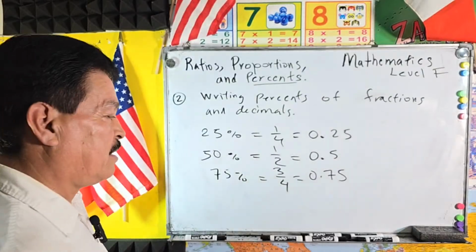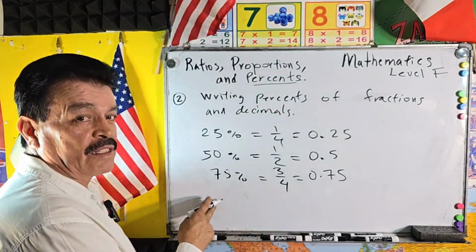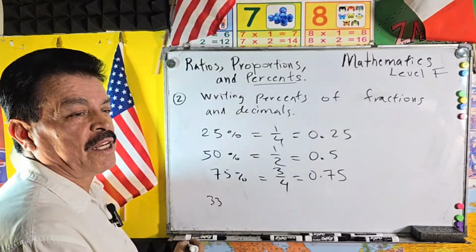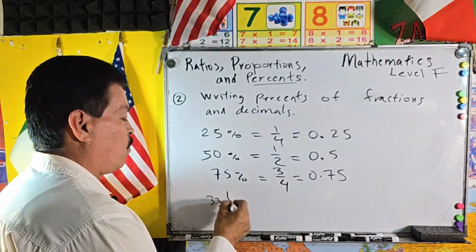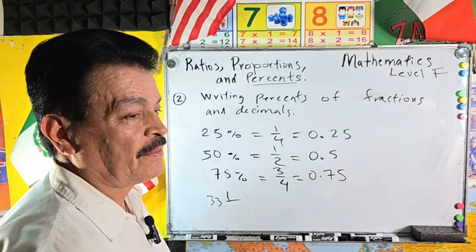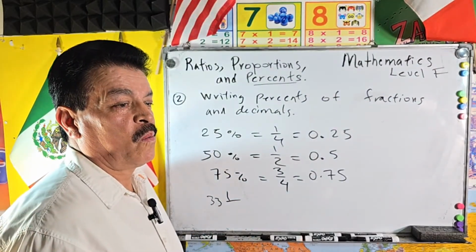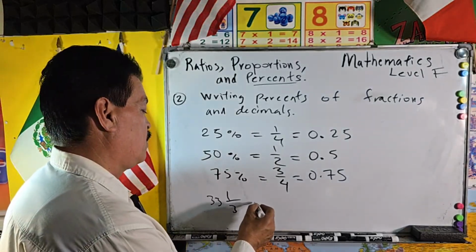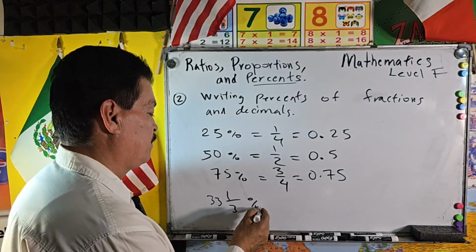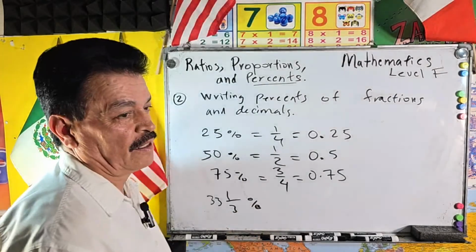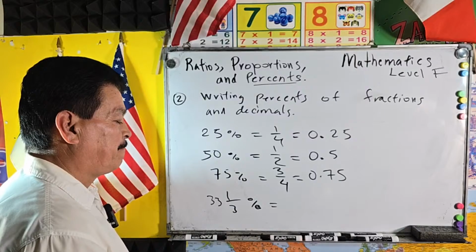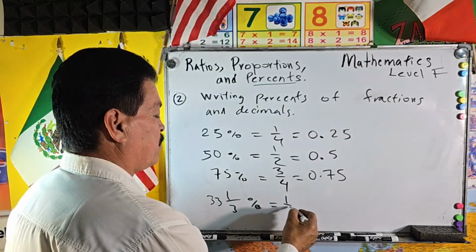And some harder problems. This one is 33 1/3%. This is percent. So this is equal to 1/3.